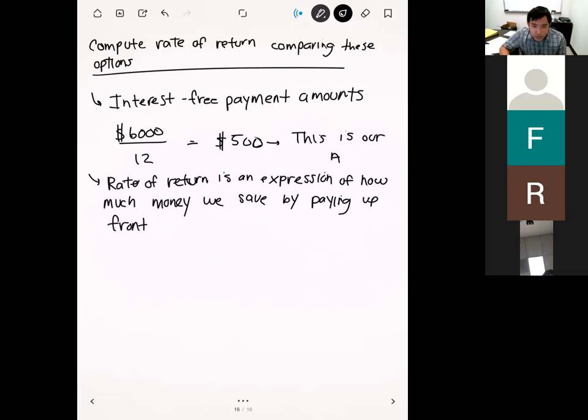Okay. And so what we want to do is take our two options here and then basically set them equal to each other. And the way I'm going to do that is I'm going to take that $500 uniform series and then convert it to a present sum using the unknown interest rate.